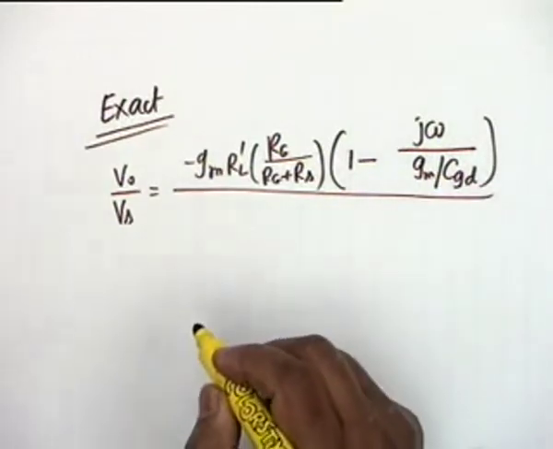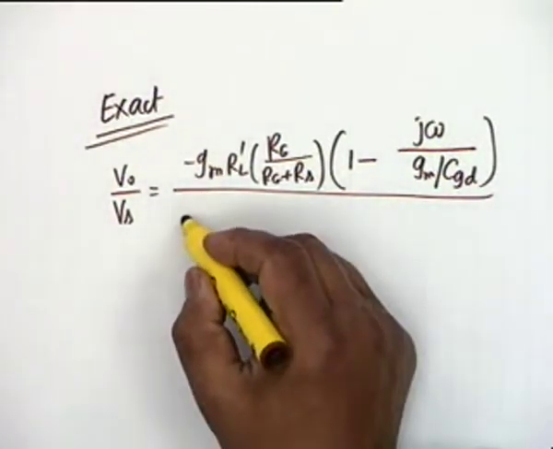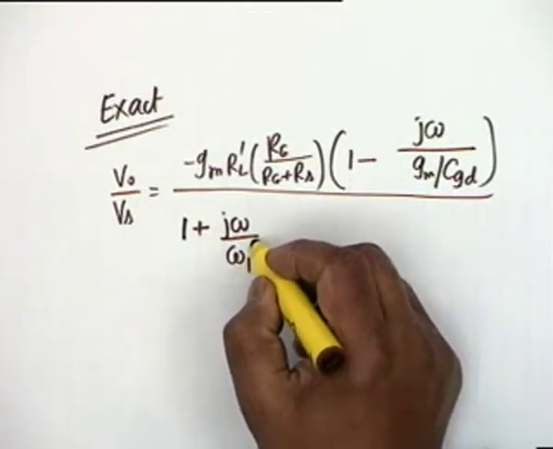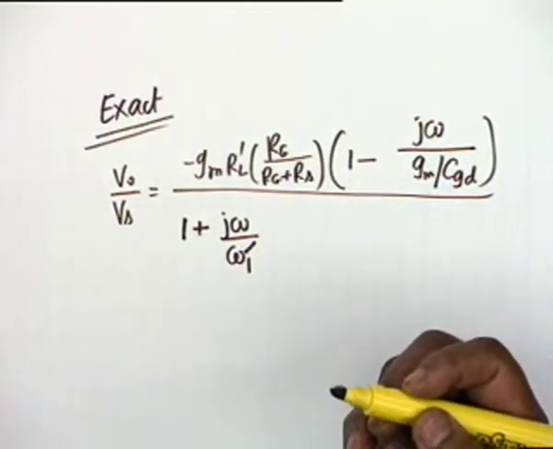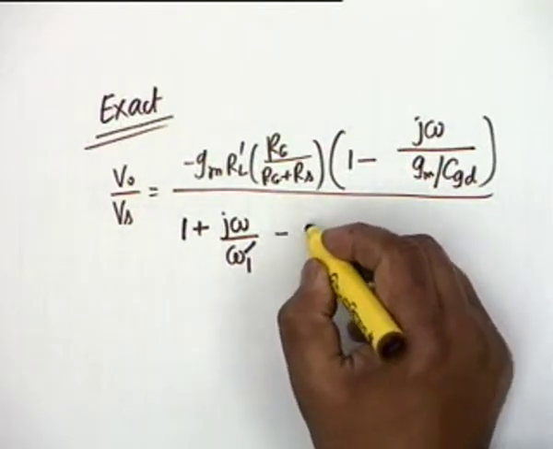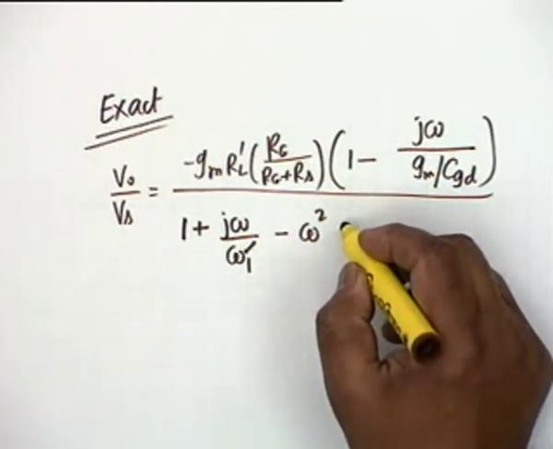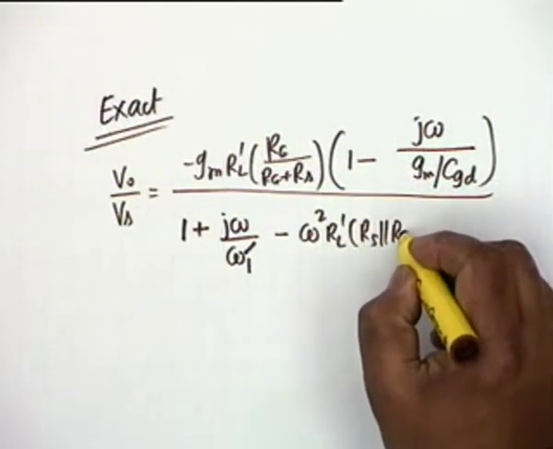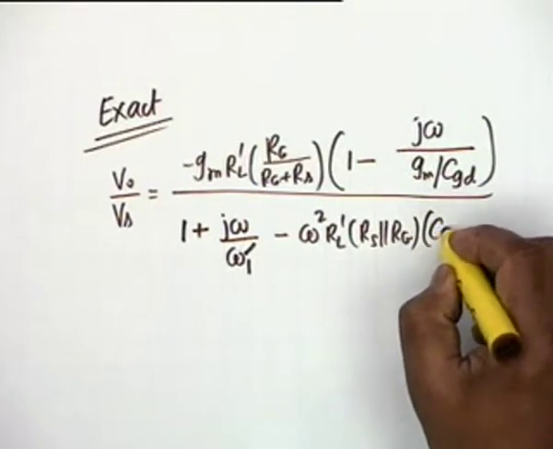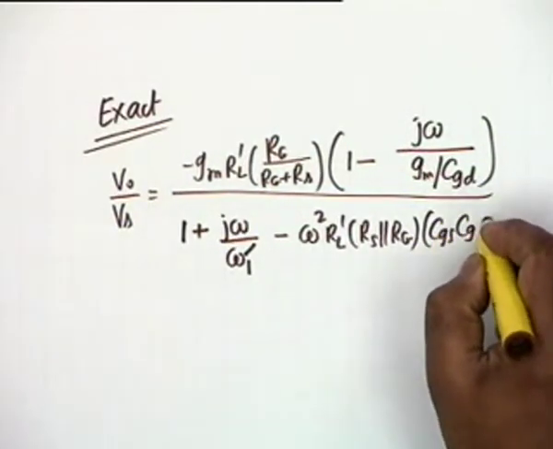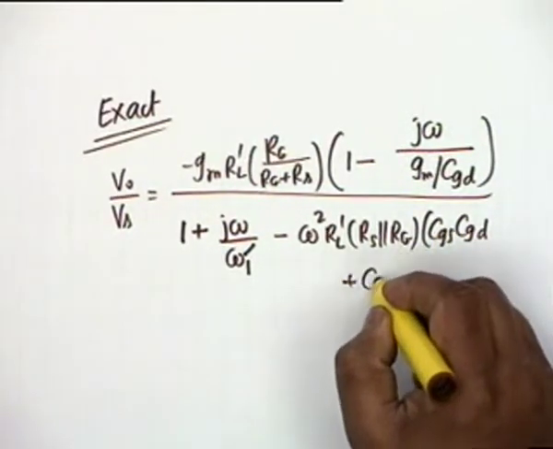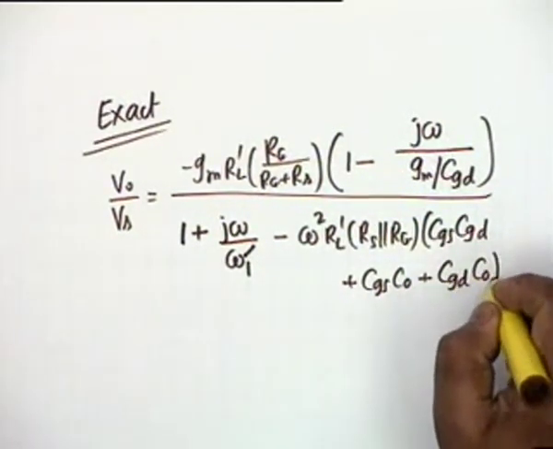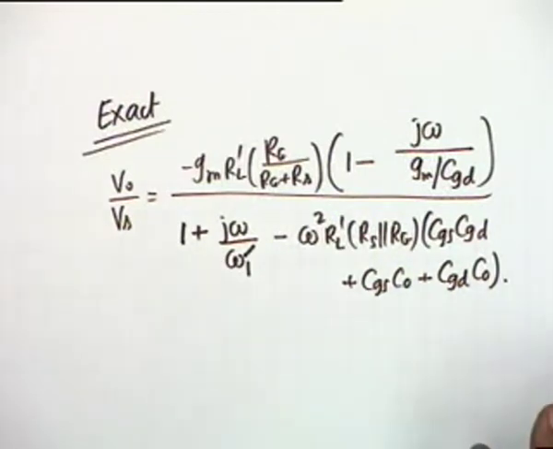This is that omega 3, divided by 1 plus j omega by omega 1 prime, not omega 1, minus omega squared RL prime, RS parallel RG times CGS CGD plus CGS C0 plus CGD C0. This is the exact expression.